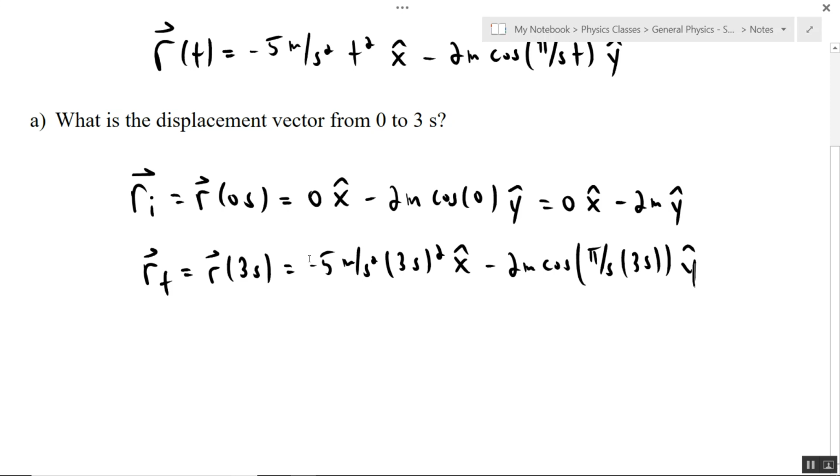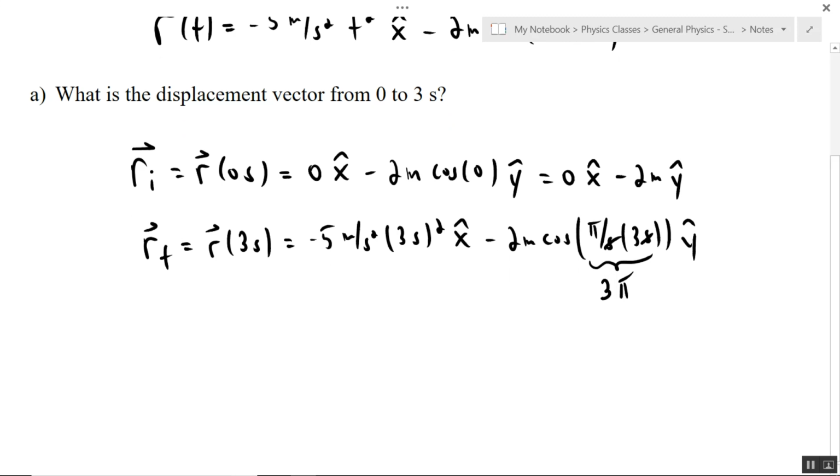What about this? So the argument of cosine is what? It's 3 pi, right? See, the seconds cancel out. Seconds divided by seconds is just nothing. So the cosine of 3 pi, does anyone know the cosine of 3 pi? Yeah, negative 1, right? So it's just negative 1 times negative 2, which is what?